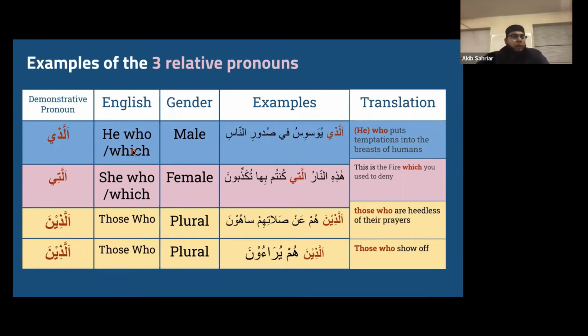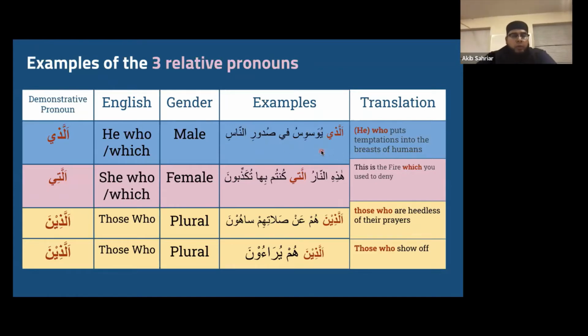And if it's referring to a man or a living male person, then it will be like he who. That man who came to the masjid, he who came to the masjid. And right now the example that we have here is actually regarding shaitan. In Surah Nas, alladhi yuwaswisu fi sudurin nas.